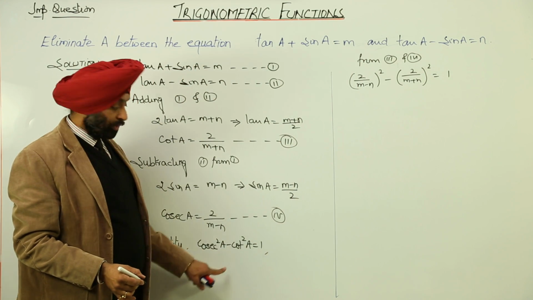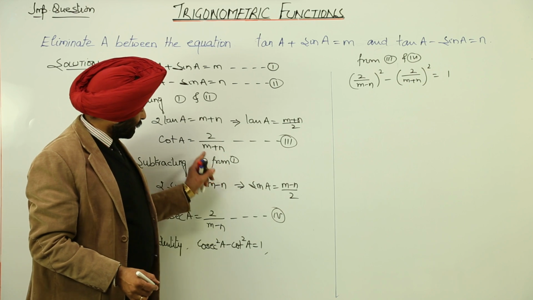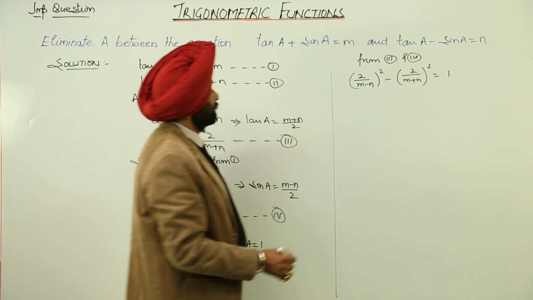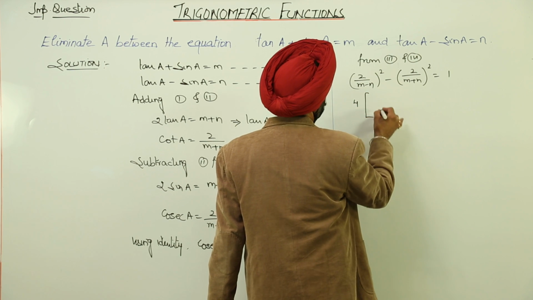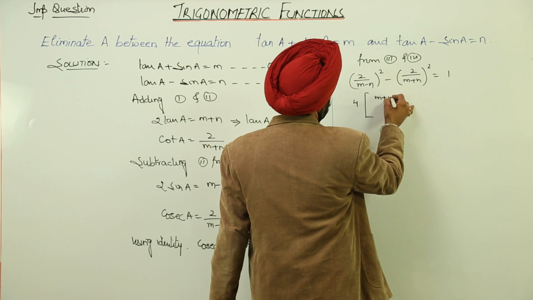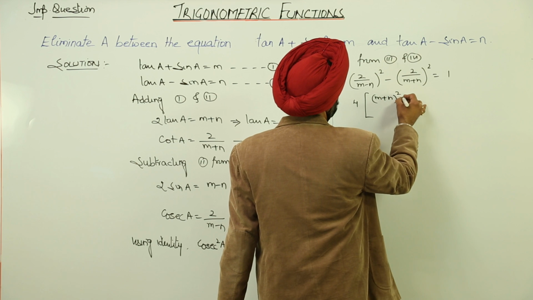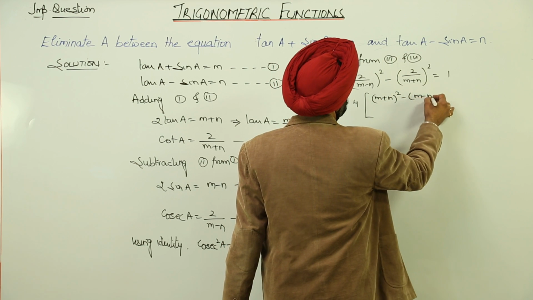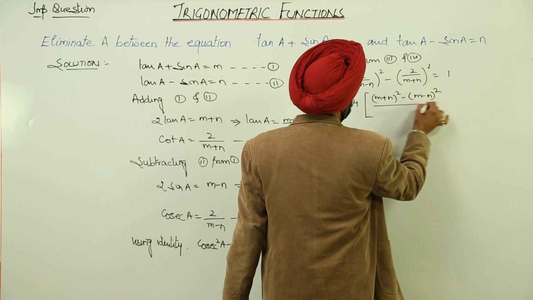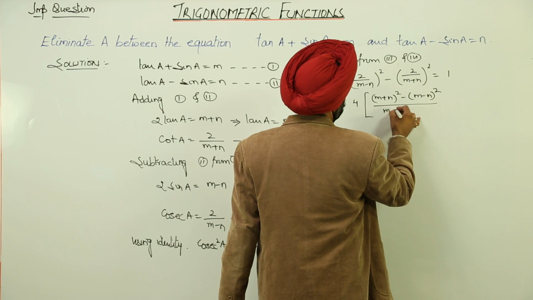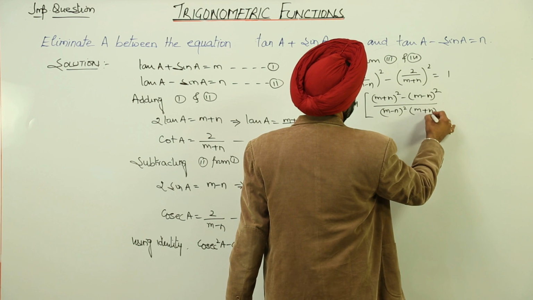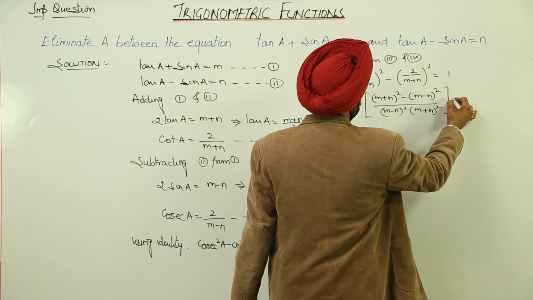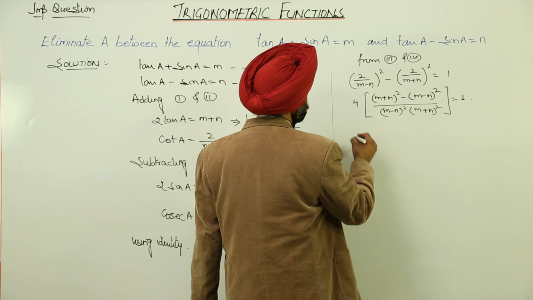We have substituted the values of cot A and cosecant A in the identity. Now m plus n whole square minus m minus n whole square upon m minus n whole square times m plus n whole square is equal to 1.